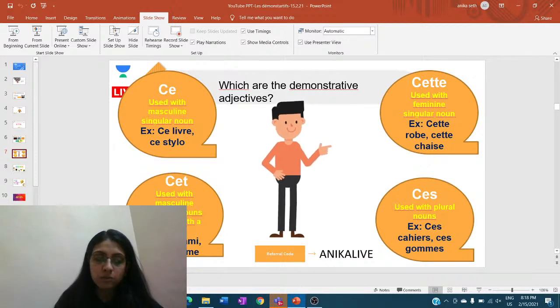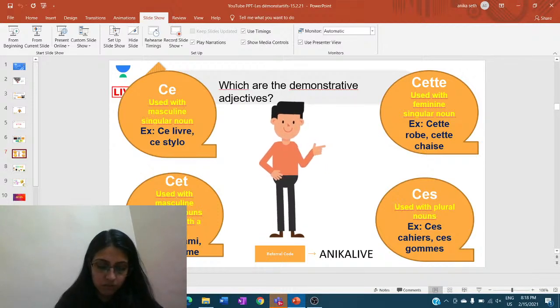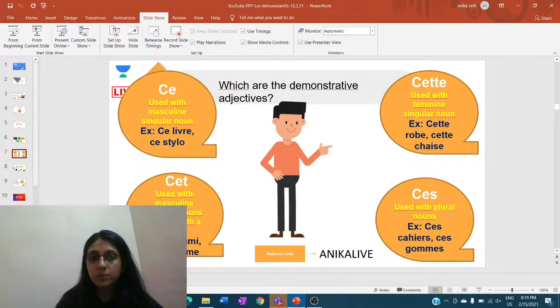And when we pronounce this ami or homme, these are also beginning with the vowel sound. Ami is also beginning with vowel and homme is also beginning with vowel. So that is why, as a rule, we know that two vowel sounds we cannot pronounce together. That is why we use this demonstrative adjective CET, right?